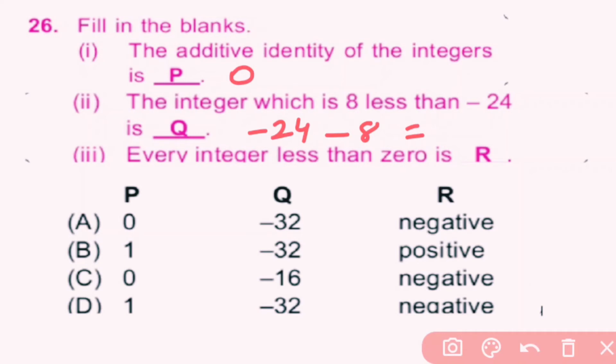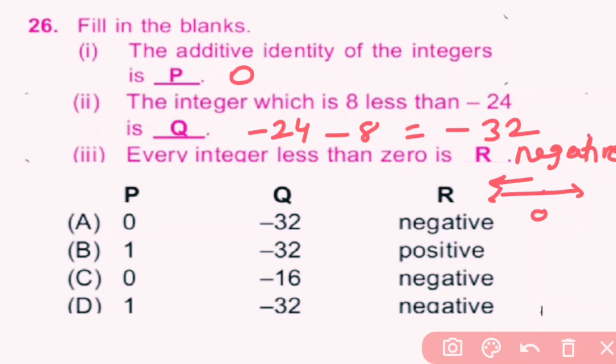So is equal to minus minus plus sign minus. So minus 32. Q is minus 32. Option 3. Every integer less than 0 is R. Less than 0 are the negative integer. So here 0 minus 32 and negative means option A is correct answer.